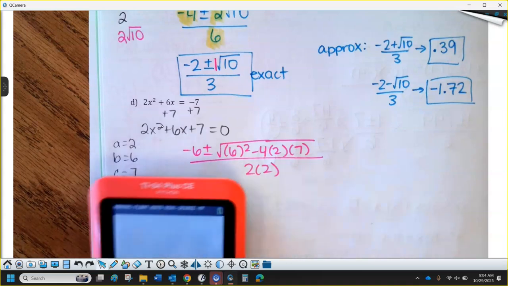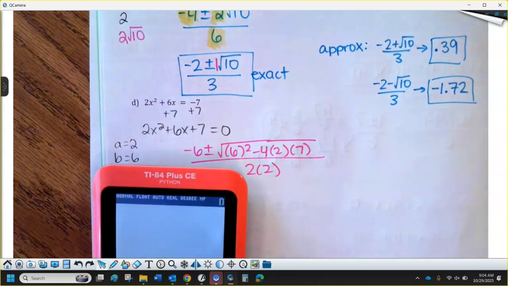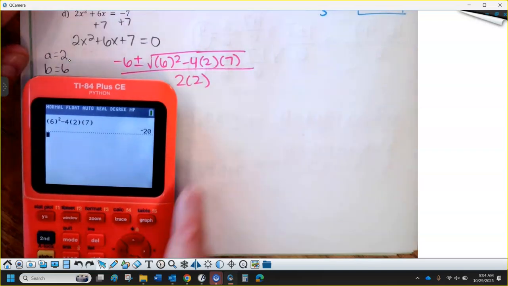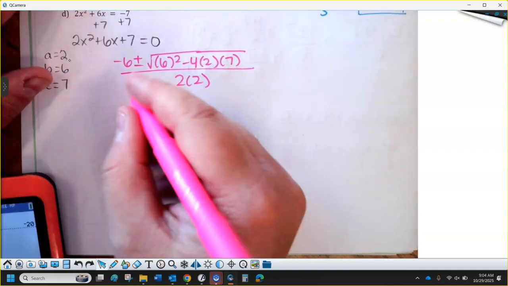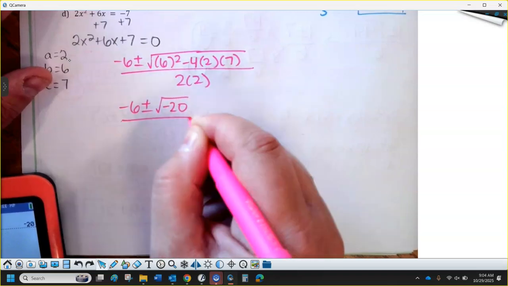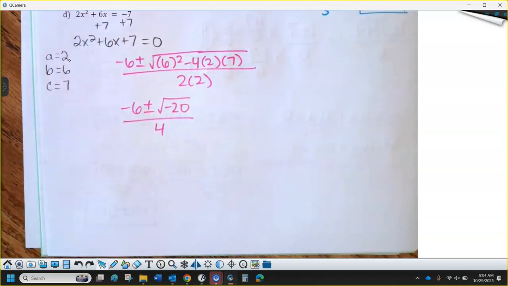Okay, I'm going to figure out whatever's under the square root real quick here. Let's scooch that up so we can read it. So I've got 6 squared, 4 times 2 times 7. Alright. I have -6 plus or minus square root -20 over 4. Okay, now, -20 is not a perfect square.